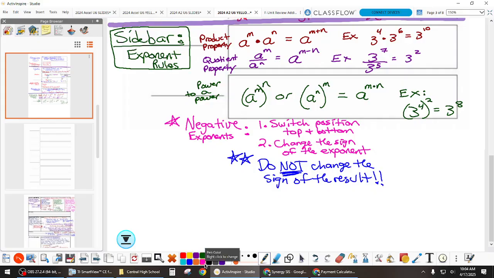So let's do a couple examples. 2 to the negative 3. Is that top or bottom right now? Top. So move it to the bottom and change the sign of the exponent. Okay? And then evaluate. What's 1 over 2 to the 3rd?